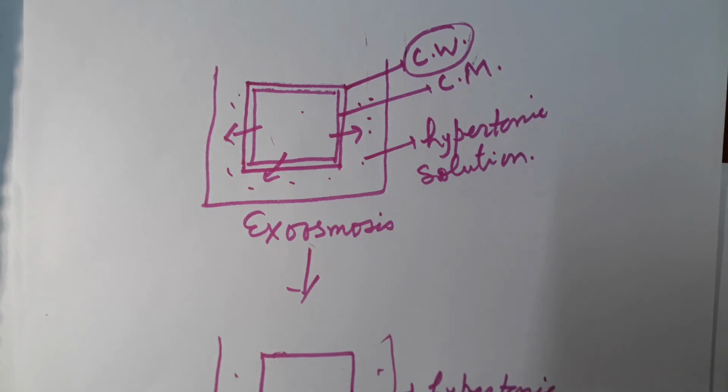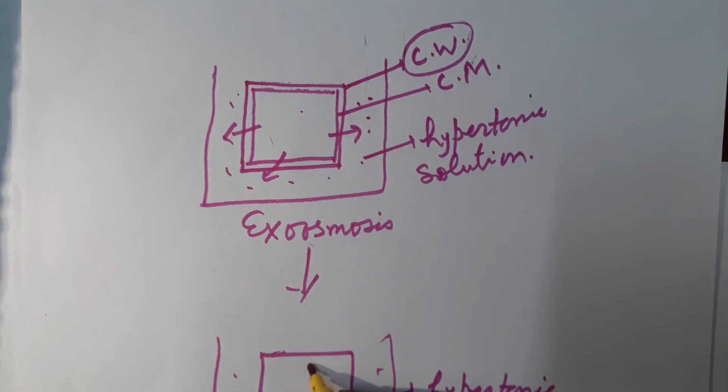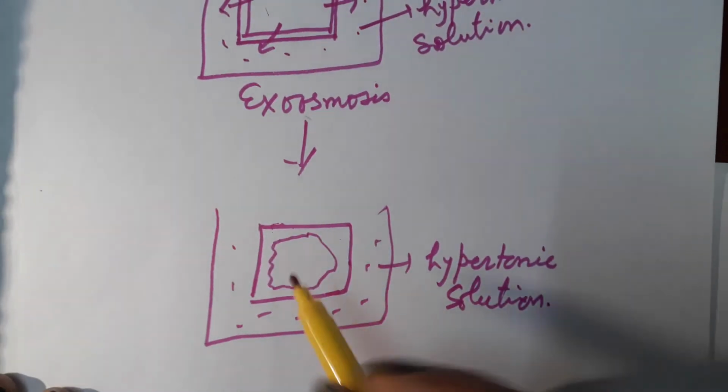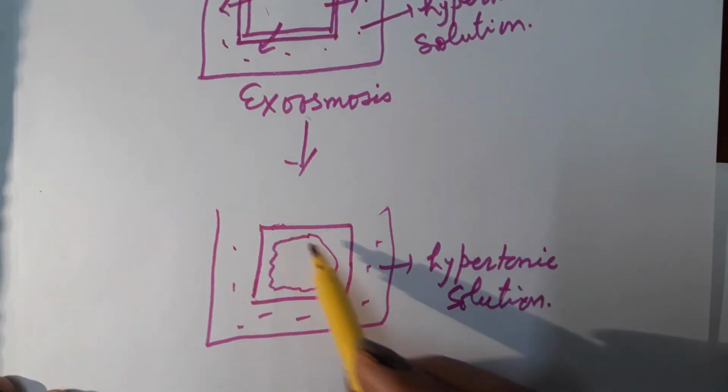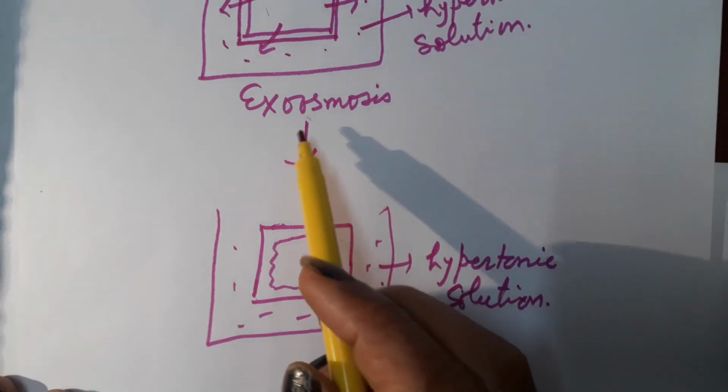Exosmosis takes place when we place the plant cell inside the hypertonic solution. Due to this, shrinkage of the protoplasm takes place.